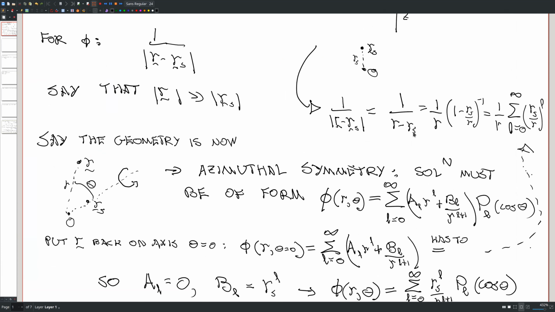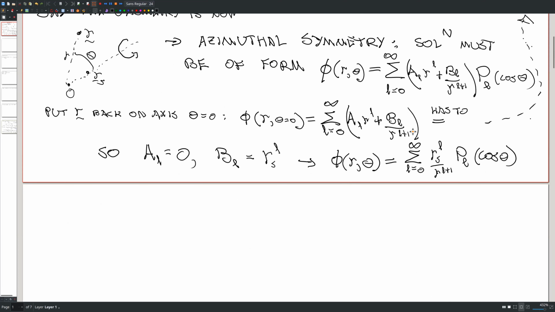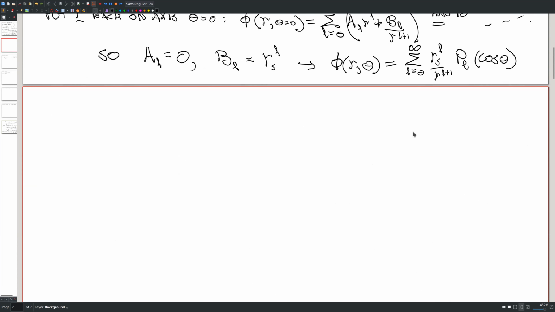You could actually write a different expansion where all your charges are further away from the origin than your observation point. Then you would expand with powers of r over r_s, and you would get non-zero A coefficients but zero B coefficients. That would still work, but in this case we choose to put ourselves away, just to develop machinery that will be applicable in those circumstances.